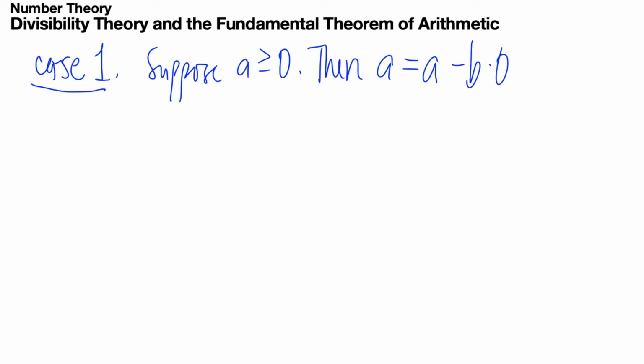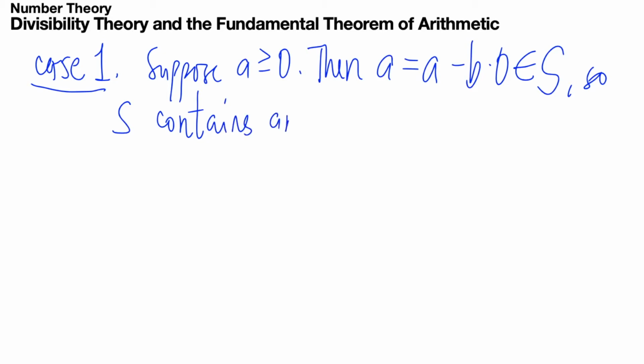Even if n is equal to 0, A minus B times 0 is still part of the S. So S contains an element, not really the least, but it contains an element. Okay, so that's it for case one.